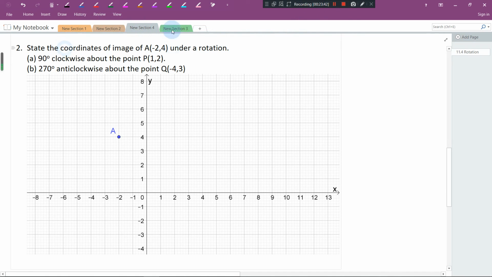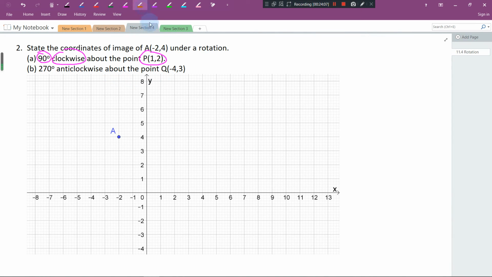Okay, so there's a way how we get the center of rotation and then how to describe a rotation. Okay, now let's look at the second question. State the coordinate of the image of A. This is point A, -2, 4. Under rotation of 90 degree clockwise. So we have the angle, we have the directions, and we have the center. So remember, this is the way how we describe a rotation. So we need the center.